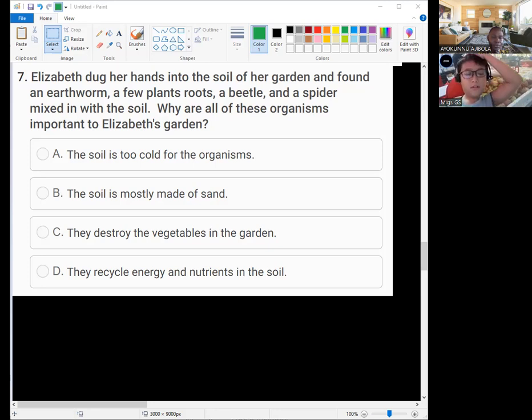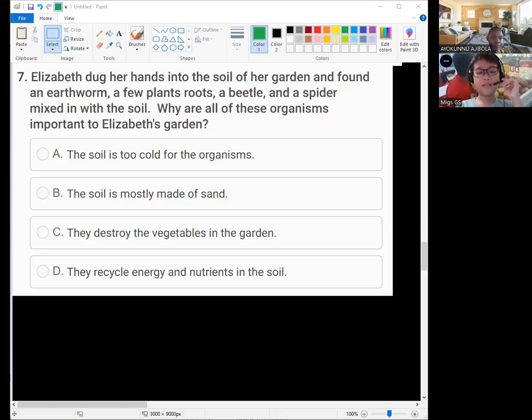Why are those things mentioned? The earthworm, the few plant roots, they recycle energy and nutrients in the soil. That is correct.